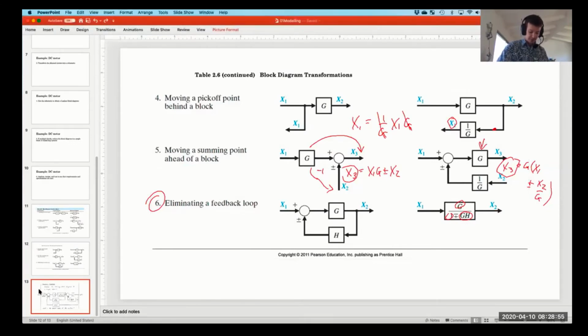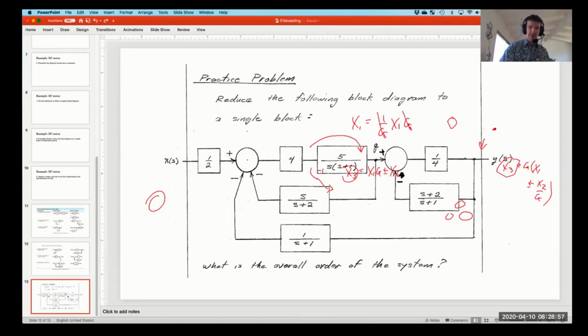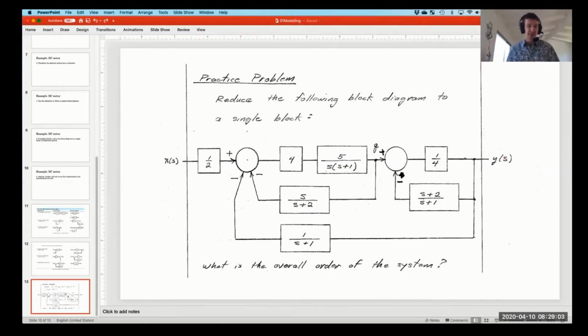All right, what comes next is an exercise. So usually when I do this in a face-to-face lecture, I would put this up on the monitor and I would challenge the class to reduce this block diagram into a single block. I don't know how well that's going to work here online because part of that exercise is me walking around the class and answering people's questions as they come up.